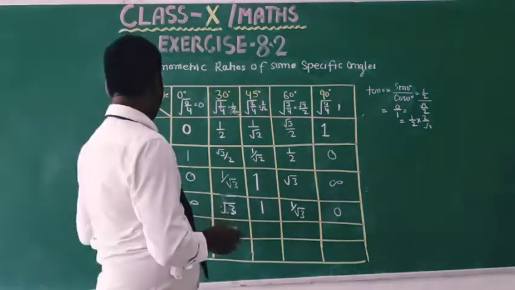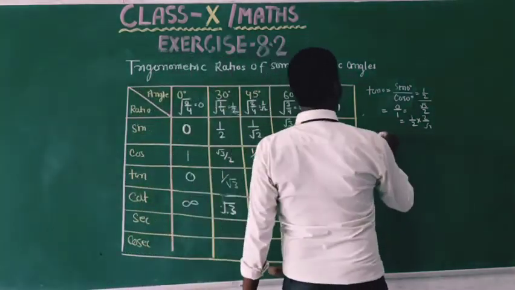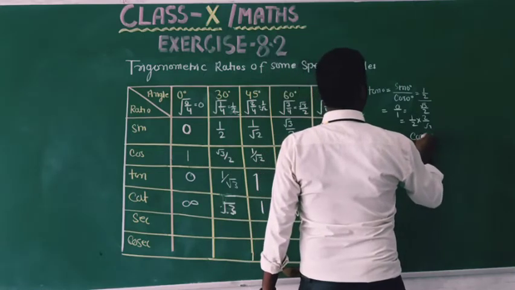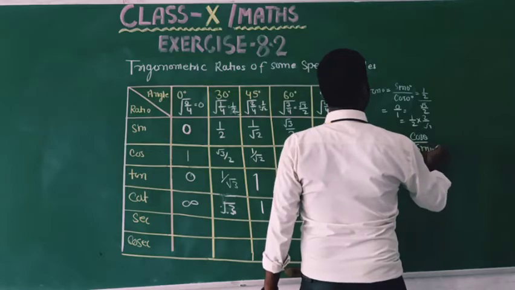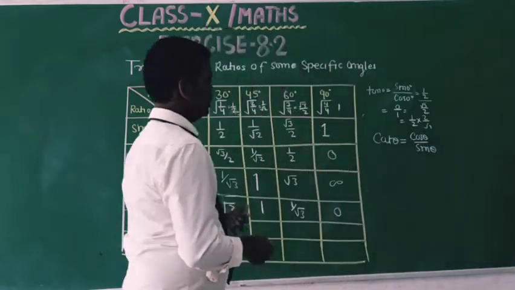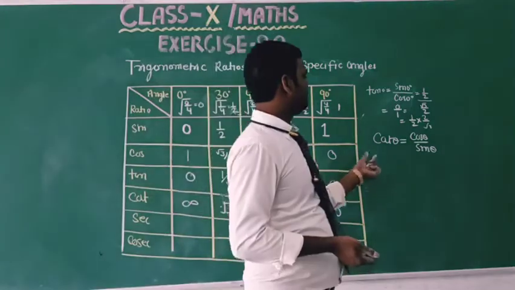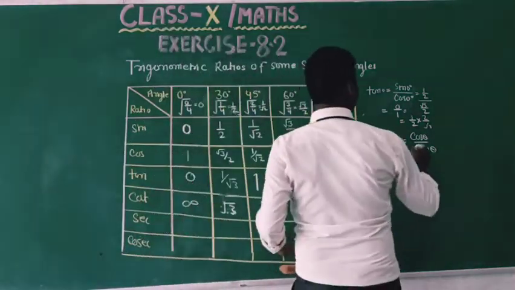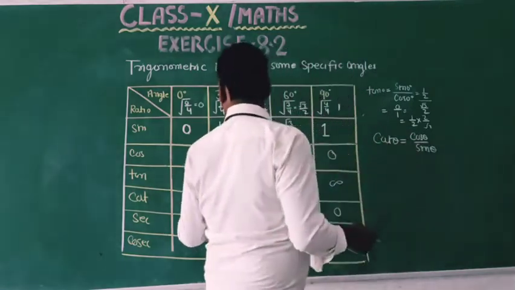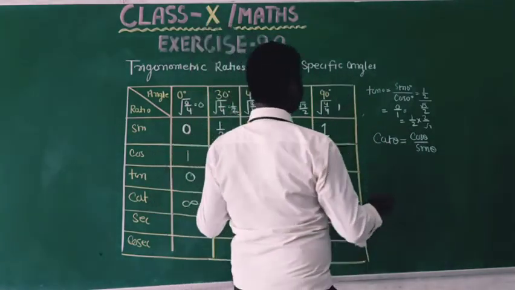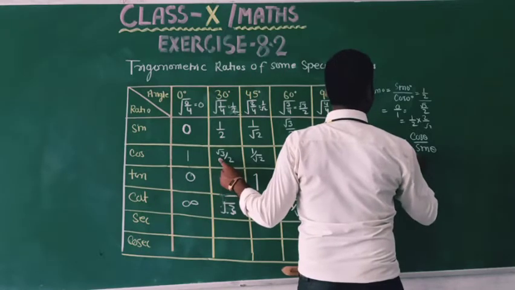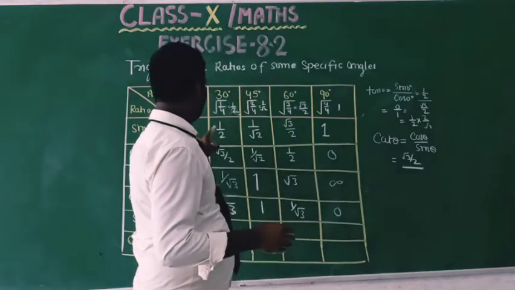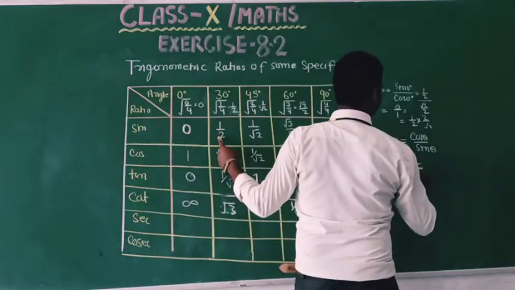Cot can also be determined by the reciprocal relation, cot theta equal to cos theta upon sin theta. If I would like to find the value of cot 30 degree, then cos 30 is root 3 by 2 divided by sin 30, which is 1 upon 2.